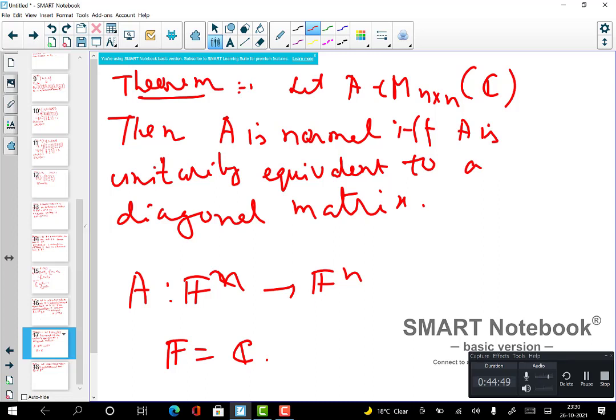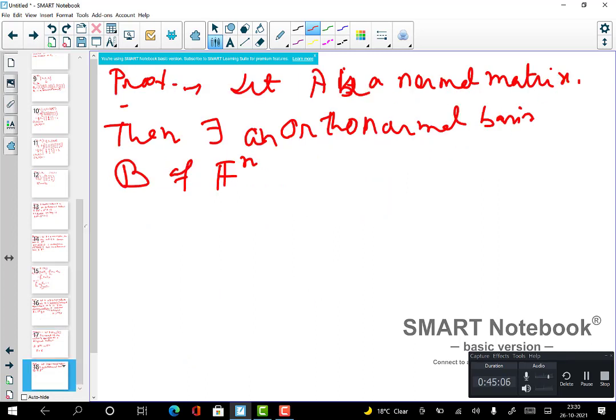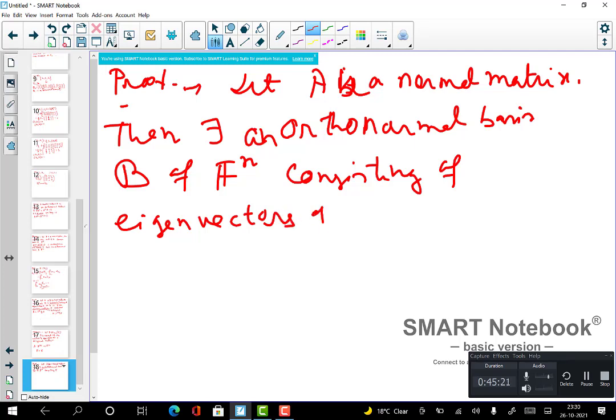Normal means you can find an orthonormal basis of Fn consisting of eigenvectors of A, right? This is clear. That is the theorem you proved using the spectral theorem.